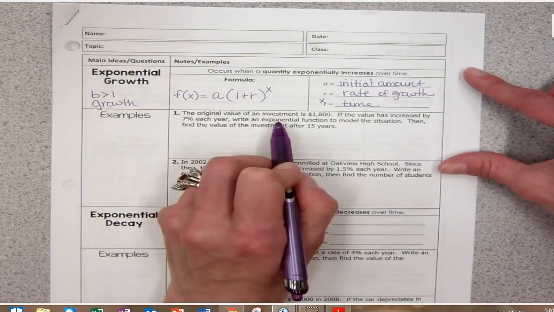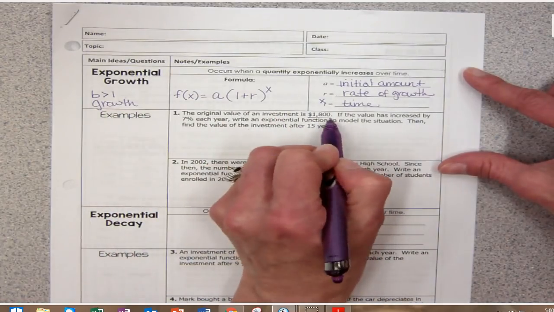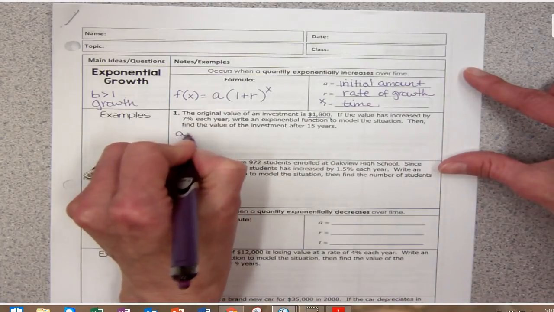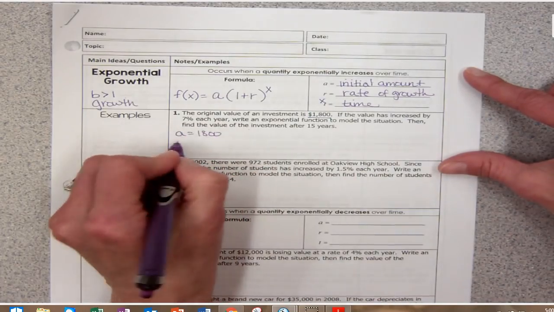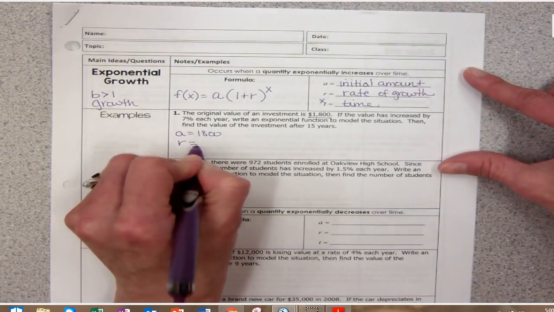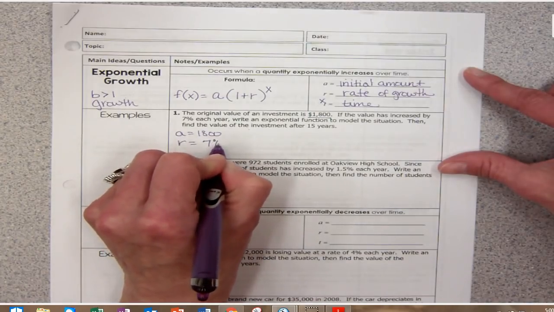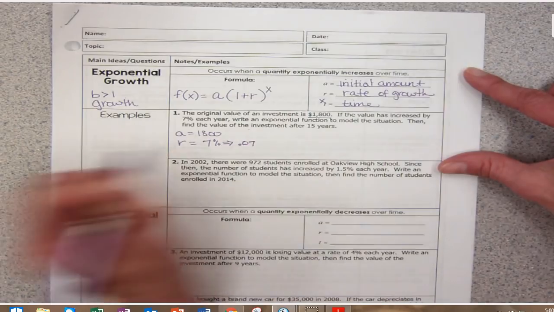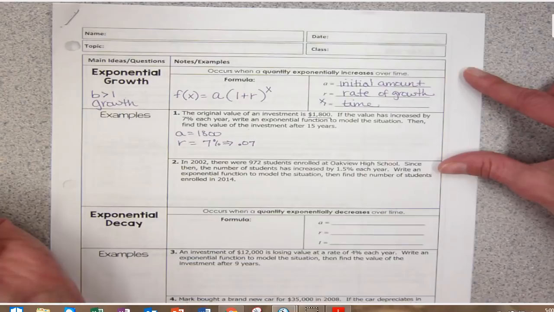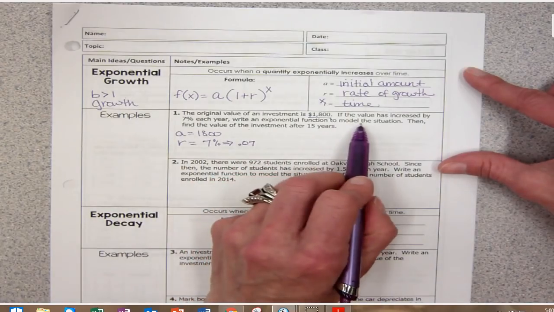So we've got the original value of an investment is $1,800. The value increased by 7%. This is going to be the same as 0.07. That's a percentage. Write the exponential function to model the situation.